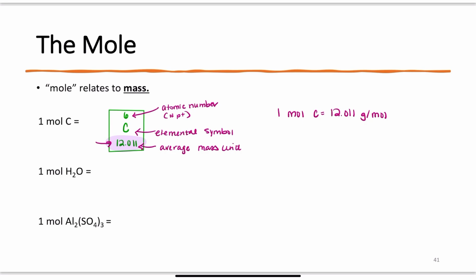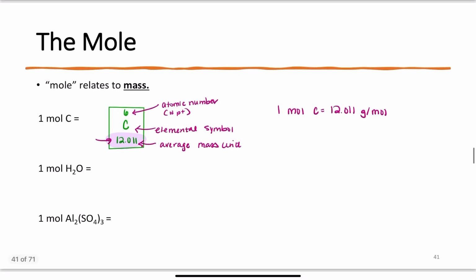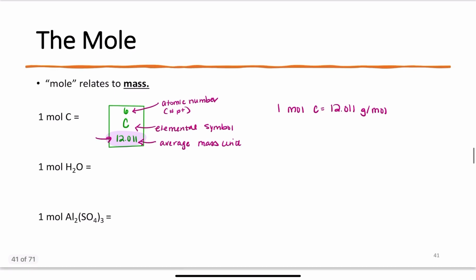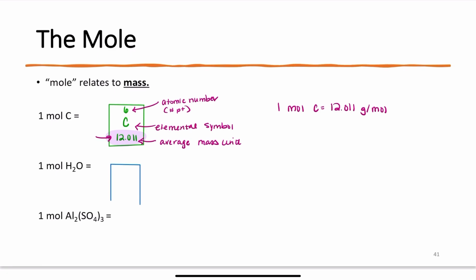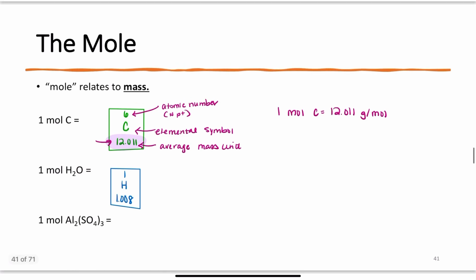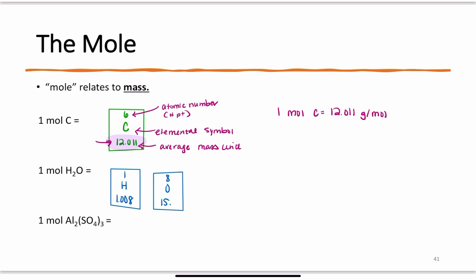If I wanted to add up the molar mass of water, I would look up on the table. I would find that hydrogen, I'm going to pretend that's a box, has a 1 and a 1.008. And if I looked up oxygen, it has 15.999, or some will just say flat out 16.